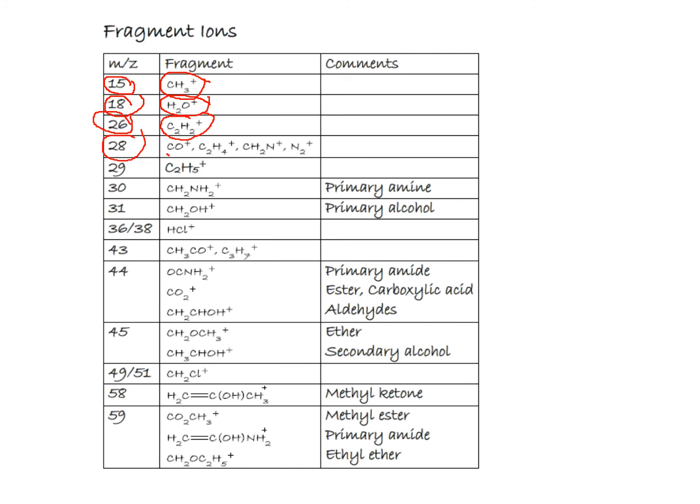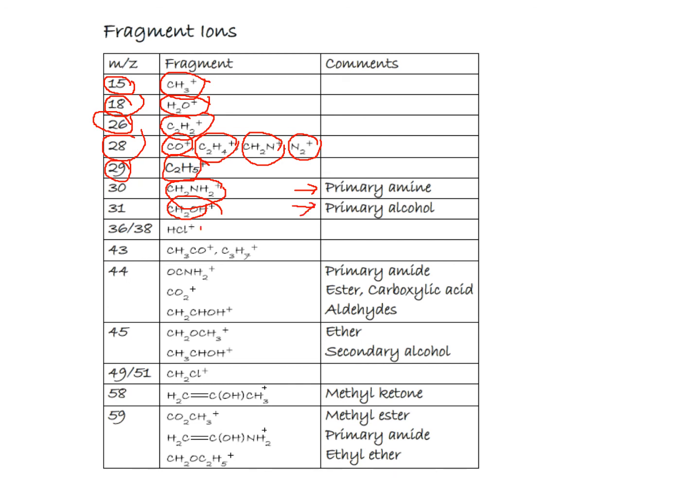If carbonyl compounds, CO+, C2H4+, CH2N+, N2+. It depends on your compound. If it's a nitrogen containing compound, you may expect these last two. 29 is C2H5+. If it's 30, then you have CH2NH2, and this is an indication that you have a primary amine. If CH2OH, then you have a primary alcohol.